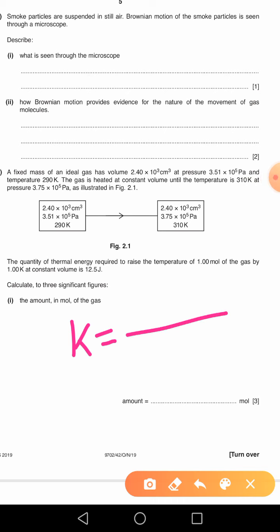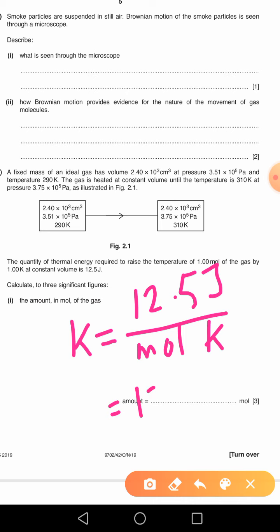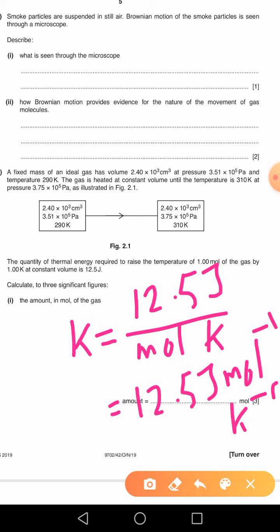Thermal energy, which is 12.5, required to raise the temperature of 1 mole of gas by 1 Kelvin. That means the unit should be joule per mole per Kelvin. So it's 12.5 joule per mole per Kelvin, okay. So that is the thing.